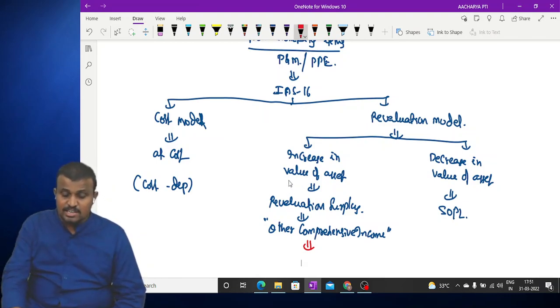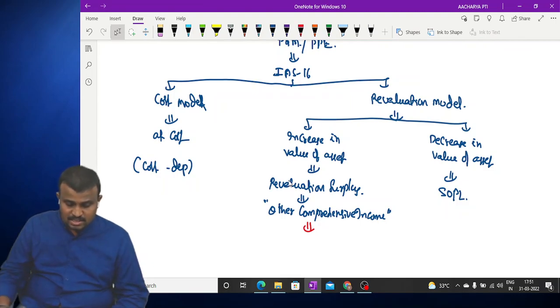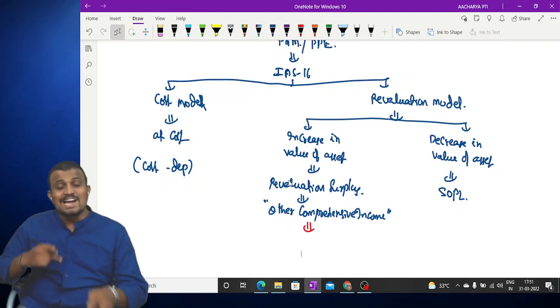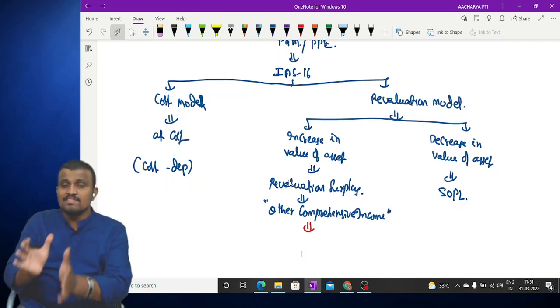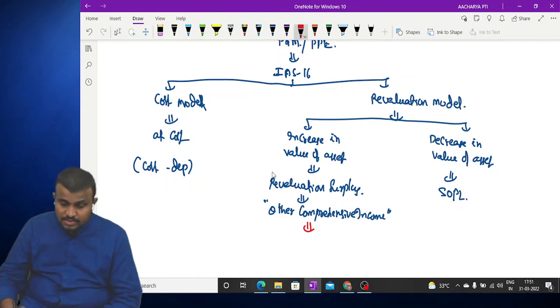In that case, as per IAS 21, we have to translate that fair value on the date of the financial statement.